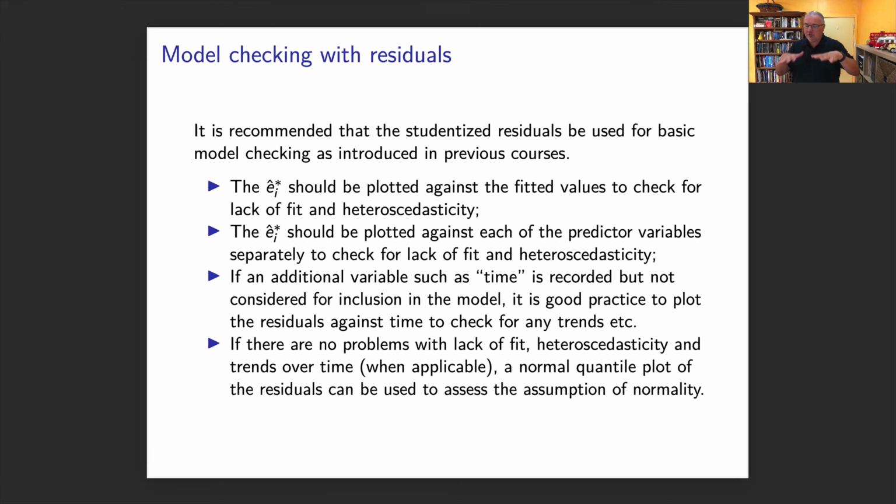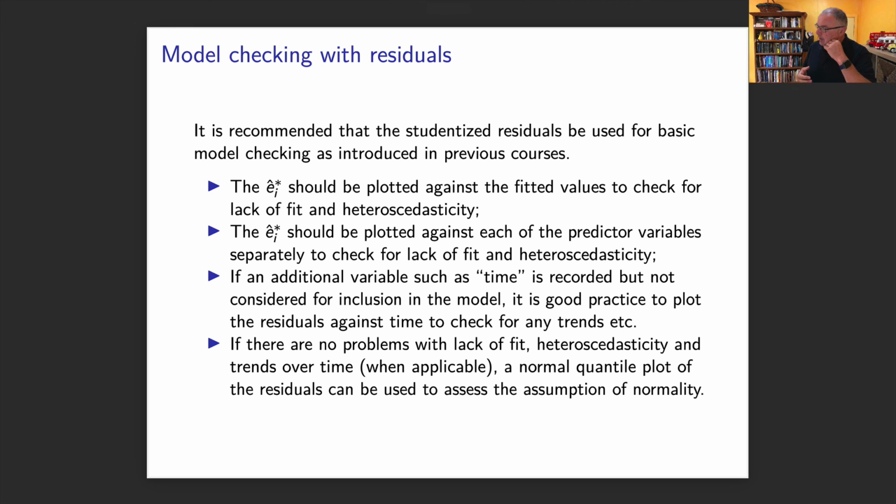Occasionally the residual versus fitted looks fine, but once you look at individual predictors, you find a pattern. The other thing you should do, if there's any extra information like the time when you measured it, is plot the residual against time to look for a trend.